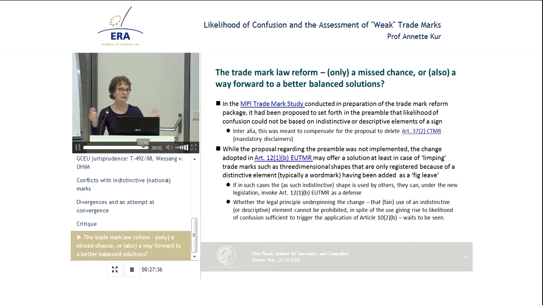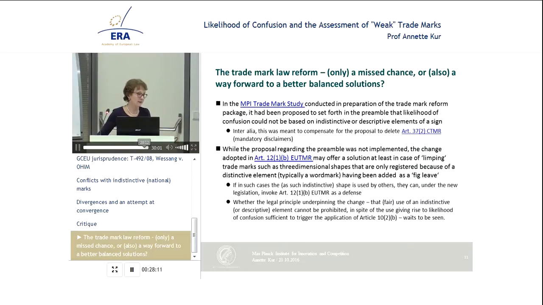Until now, we only had the possibility to use signs for descriptive purposes, or signs that are descriptive, to point out the properties of one's own product or that of a competitor. Now it's also possible to use a sign which is indistinctive, as long as that is compatible with honest business practices. And that could at least help to ease the situation in case of the limping signs.